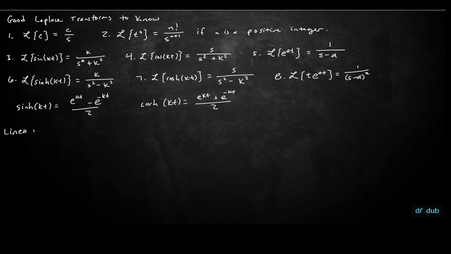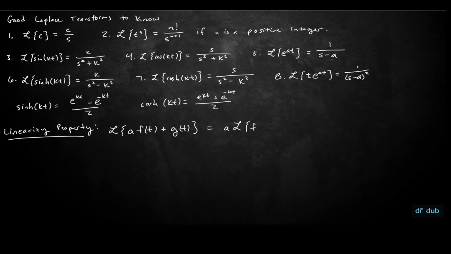So linearity property. The linearity property says that the Laplace transform of a constant a times f of t plus some function g of t, so a is only multiplied by f, says that we can take out the constant and we can break up the Laplace transform.